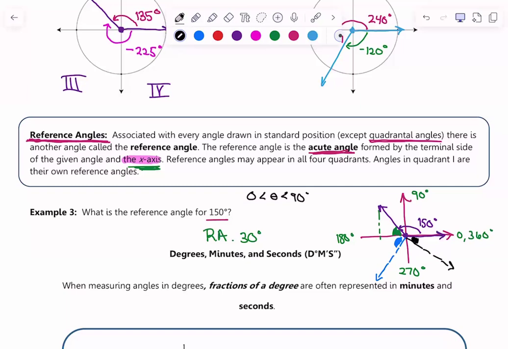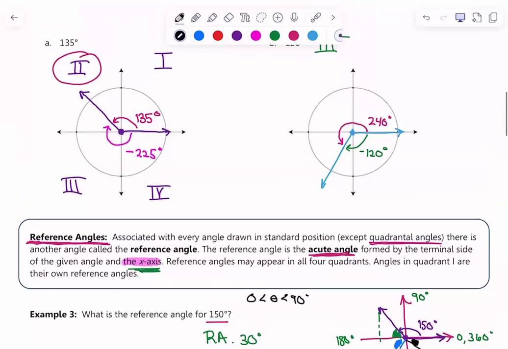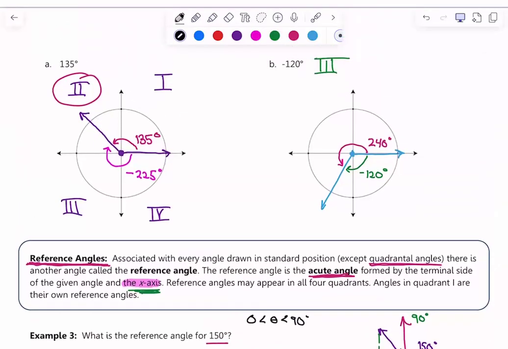So to make sure this is clicking, let's just go back to example A and B. And for 135 degrees, we need to find our reference angle. So remember, you're attaching it to the x-axis. So it's that angle.